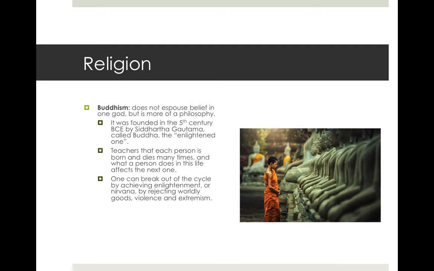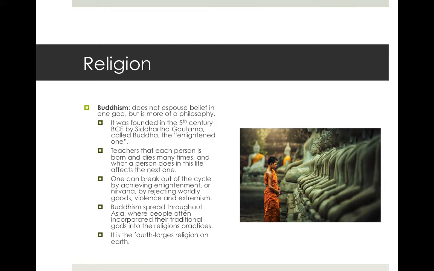And the only way that one can break out of the cycle is by achieving enlightenment or nirvana, by rejecting worldly goods, violence, and extremism. Buddhism spread throughout Asia, where people often incorporated their traditional gods into the religious practices of Buddhism. And it is the 4th largest religion on earth.